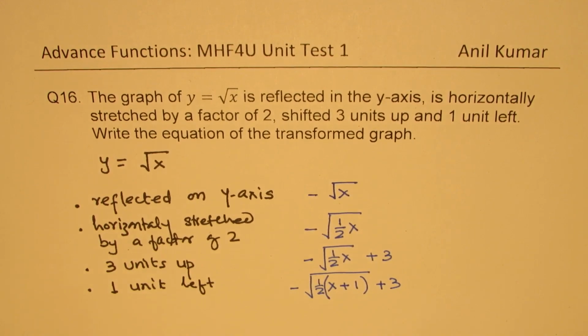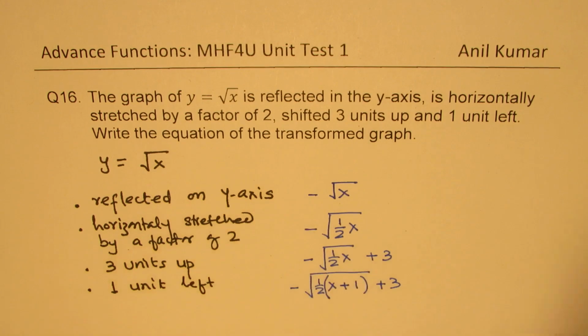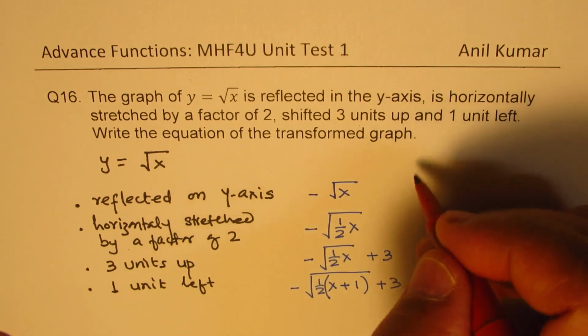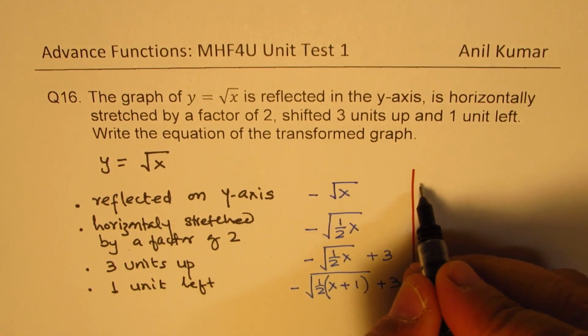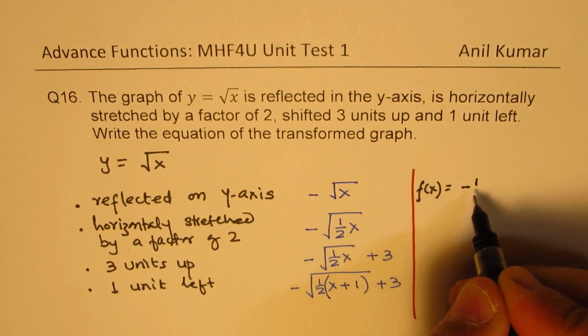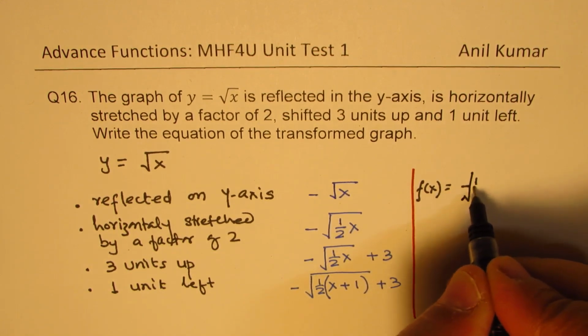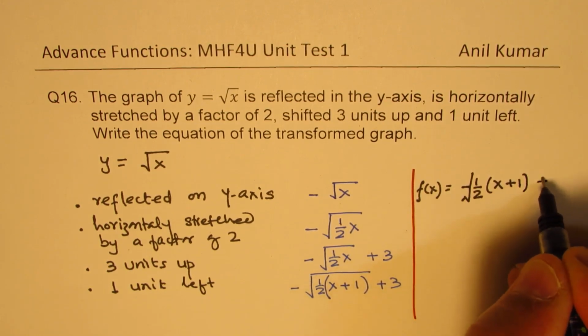Correct? So write the equation of the transformed function, and so clearly the equation of the transformed function can be written as f of x is basically equal to minus within square root half of x plus 1, plus 3.